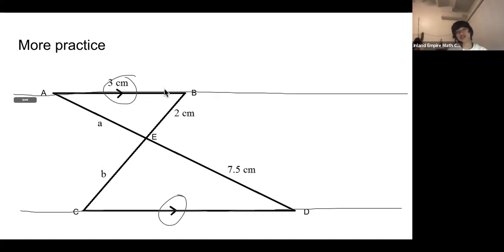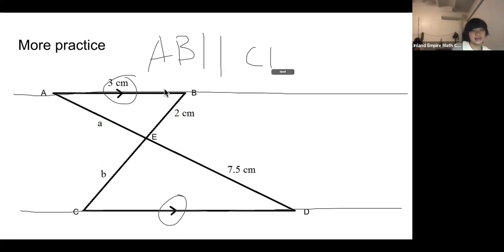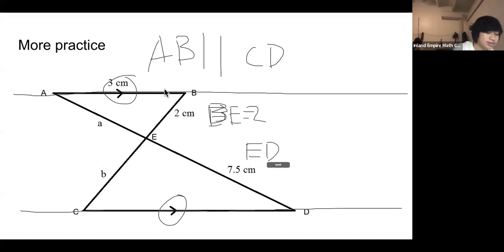So AB is parallel to CD, like that. And we know that BE equals 2, and then ED equals 7.5.